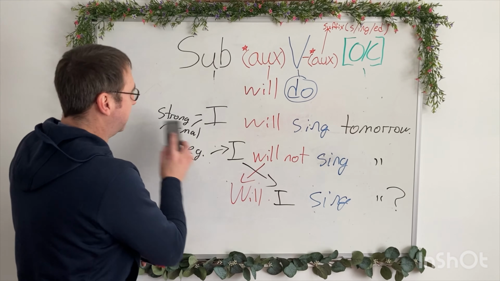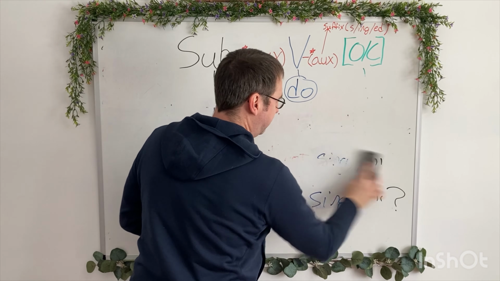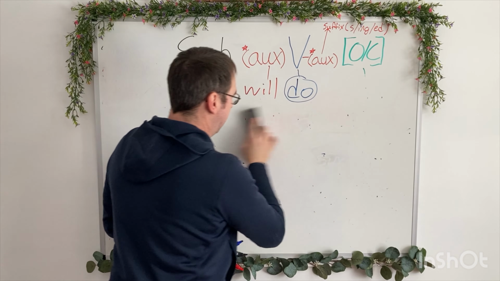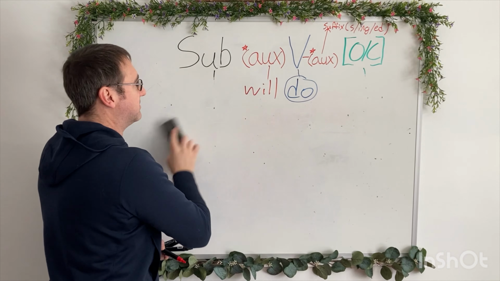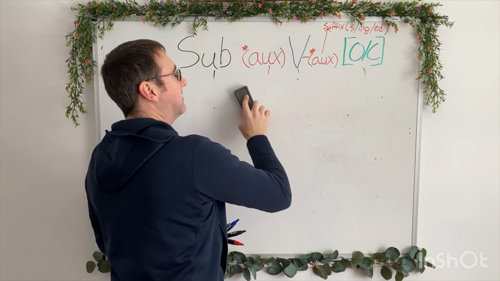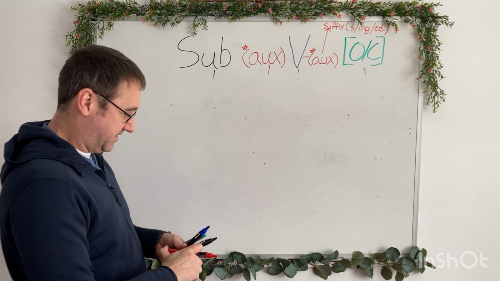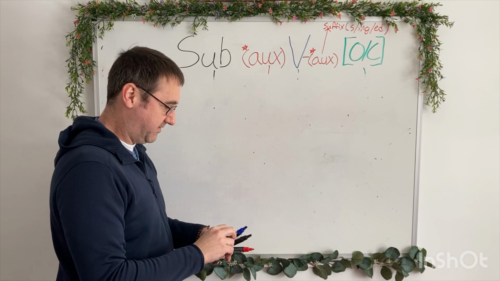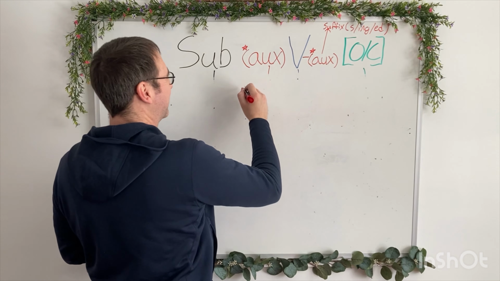And we'll just do this one more because in the future, I will make some videos of individual auxiliaries. This is just a short introduction to the idea of it. Okay, so let's do one of my favorites. Let's do this one.